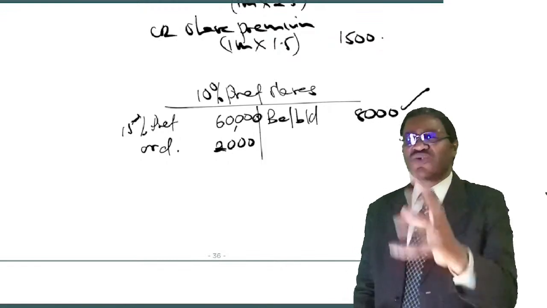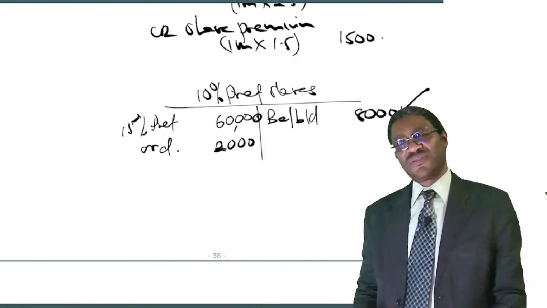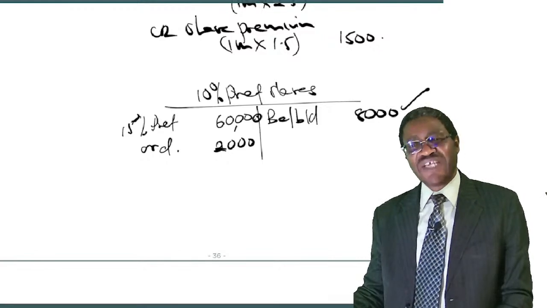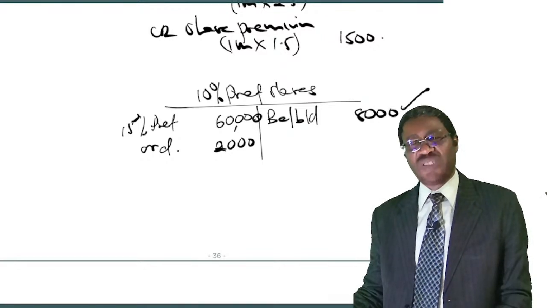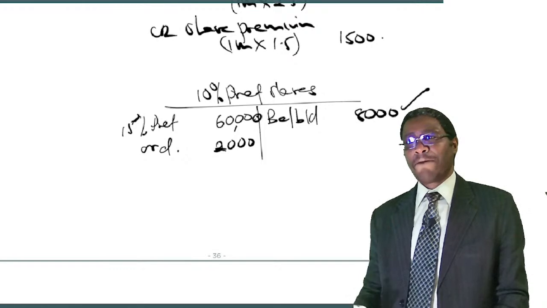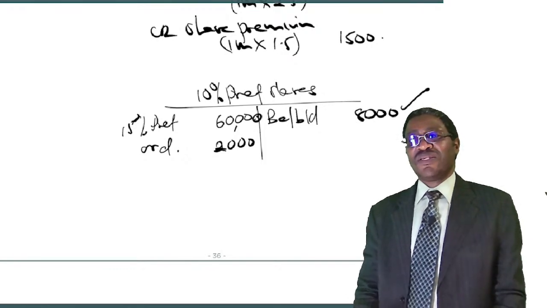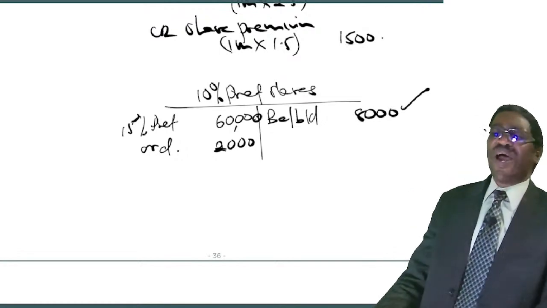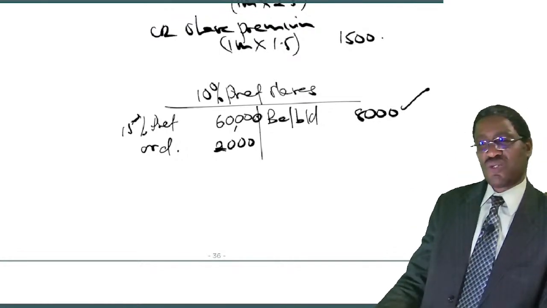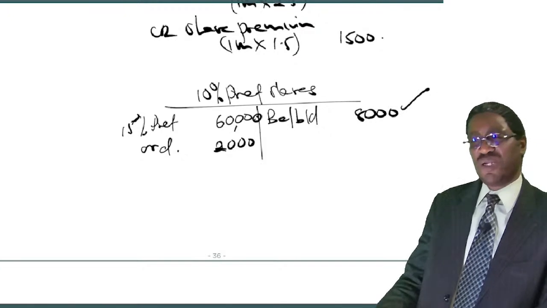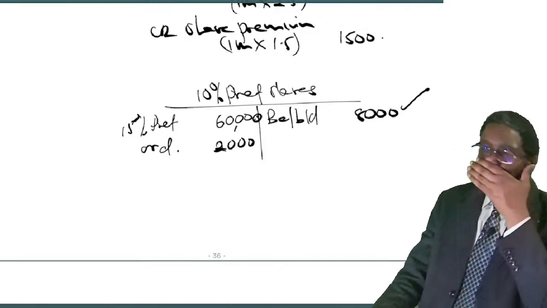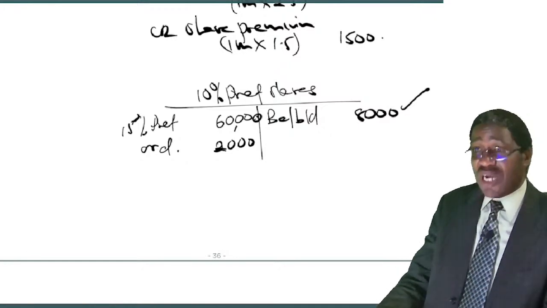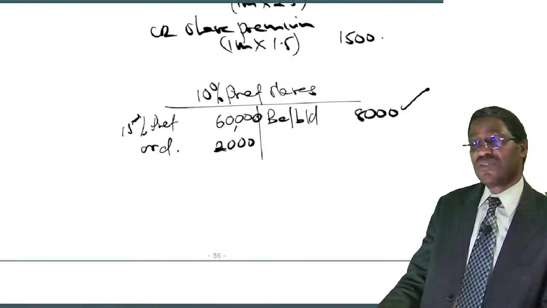Is it a gain to the company or a loss to the company? If you are replacing 8 by issuing another 62, is it a gain or a loss to the company?